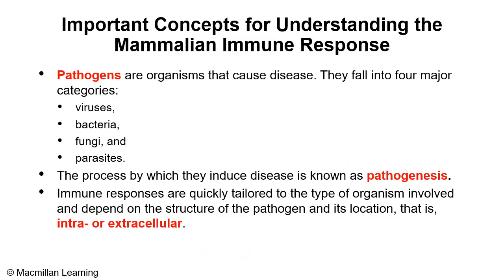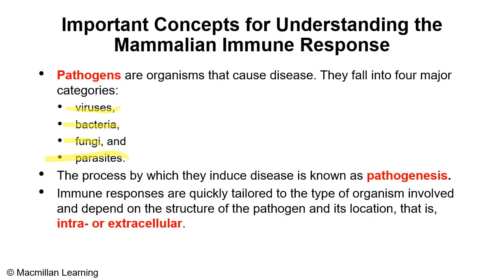Okay. So you have 4 major classes of pathogens. And that sounds like a good test question, right? So let's see here. You have viruses, bacteria, you have fungi, and you have parasites, right? So when something causes a disease, you call that thing a pathogen, right?